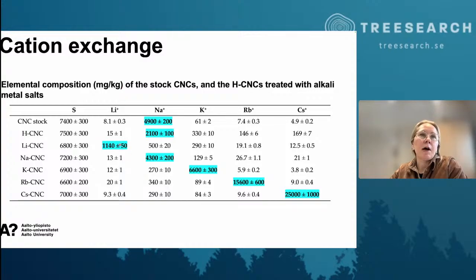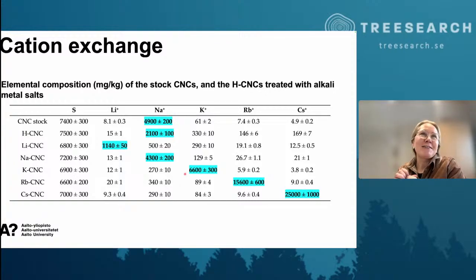On the highlighted, you can always see the amount of the target cation and how much we have been able to introduce to the system. Here you can see the challenge of the protonation with the simple hydrochloric acid treatment, that we still have quite a lot of sodium there. However, it does not seem to hinder us from introducing the other cations.